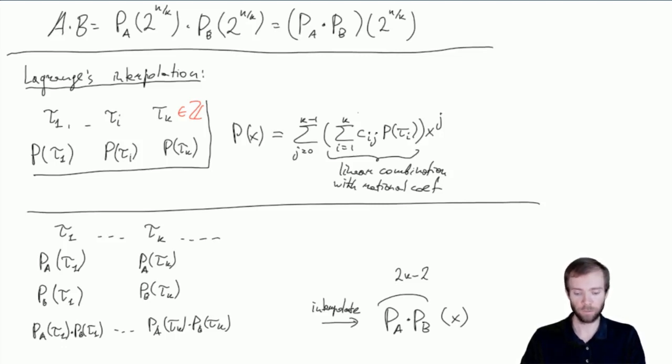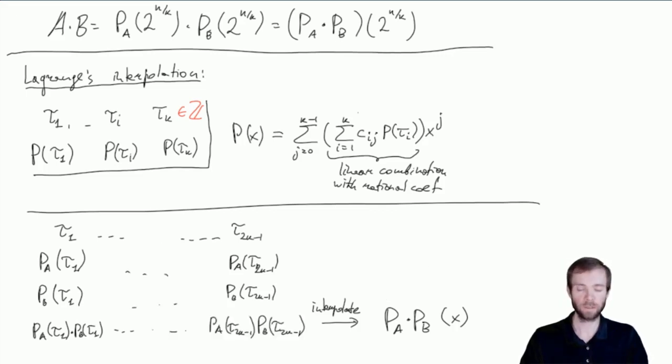So actually, we need to enlarge our set to 2k minus 1 points, and we need to compute pa and pb for all these points, just so that we have enough points at which we'll know the product of pa and pb, so that we can reconstruct uniquely the polynomial by its values.